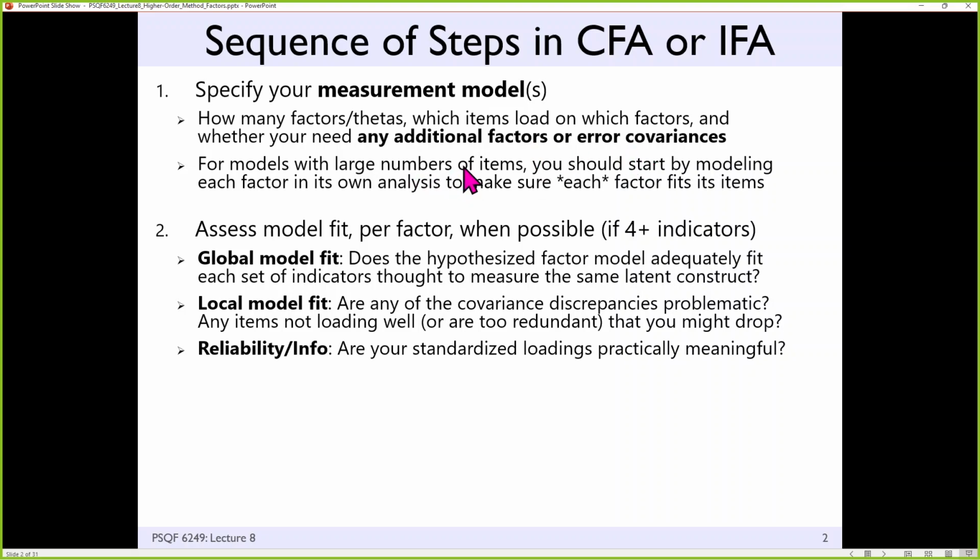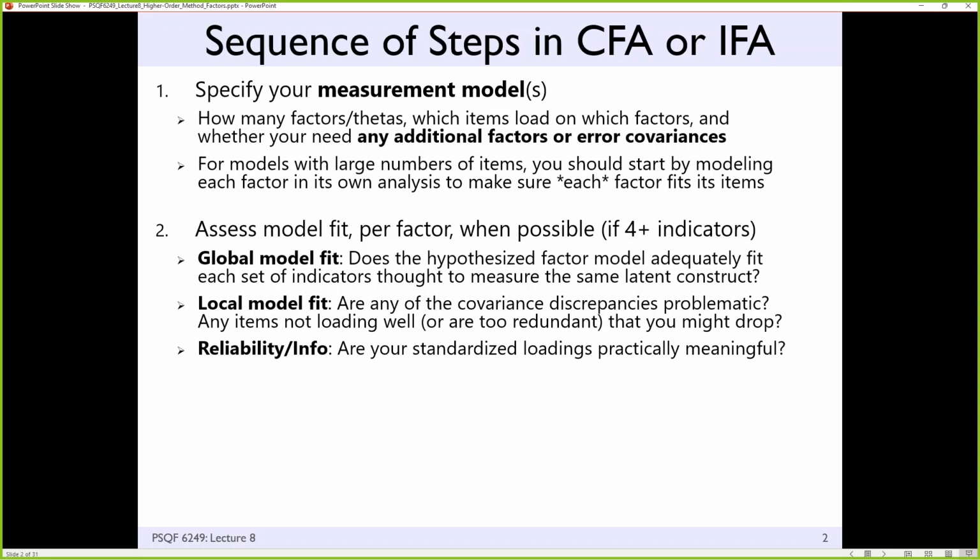So for models that have lots of items, I would start per factor. Anytime that you have at least 4 indicators per factor, I would fit separate models for each factor first, because trying to troubleshoot a giant matrix is going to be much more challenging than troubleshooting it in pieces.